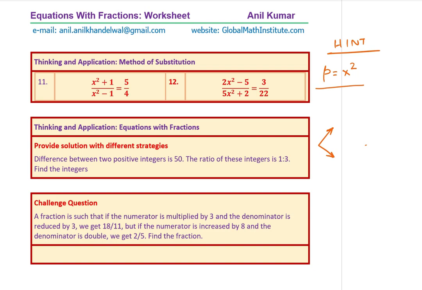So you may begin by assuming what the fraction is. You can use the statement, let the fraction be a over b, right? And then accordingly write down your equations with the given conditions and then solve. We are going to take up these challenge questions in the next video.